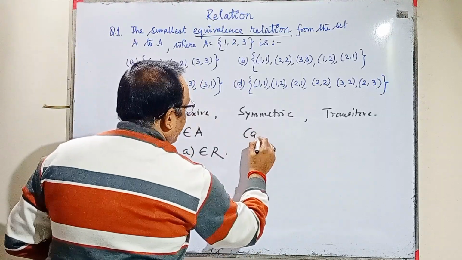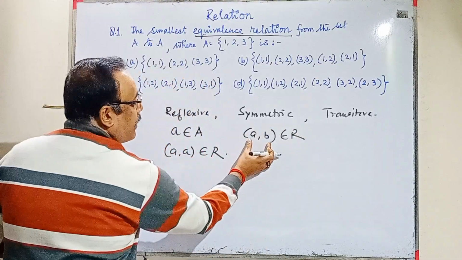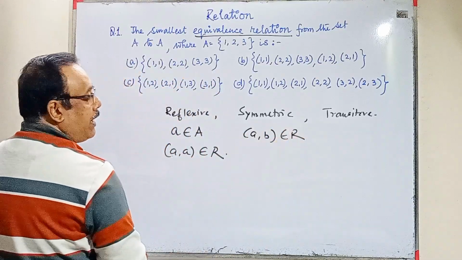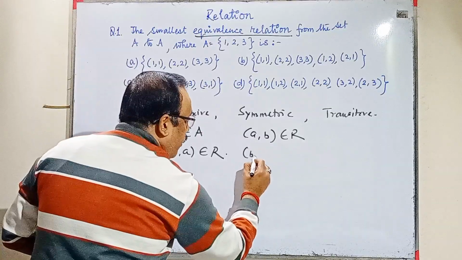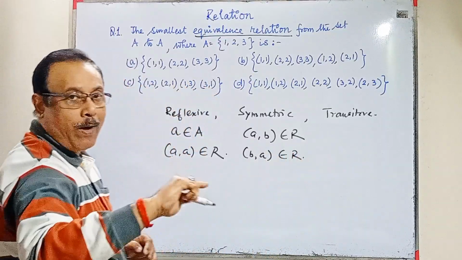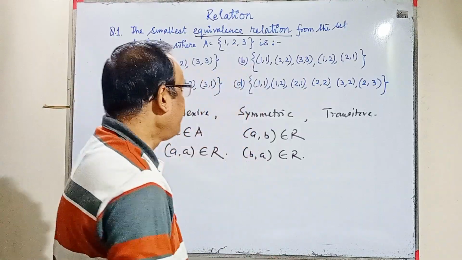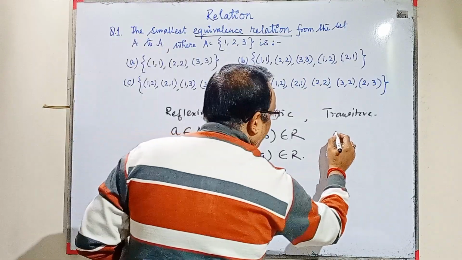Second is symmetric. The symmetric relation says that if an ordered pair (a, b) belongs to R, then (b, a) will also belong to R. That means if (1,2) exists, then (2,1) should also exist. What is transitive?